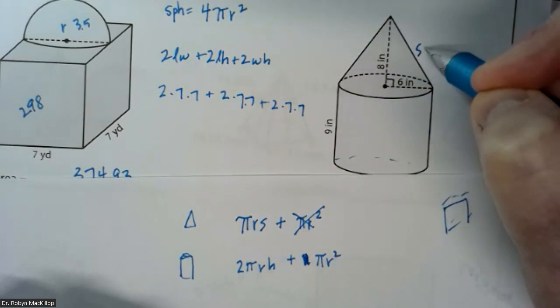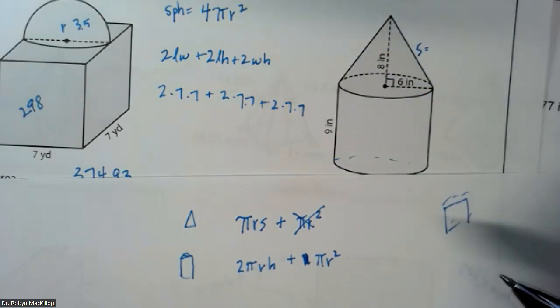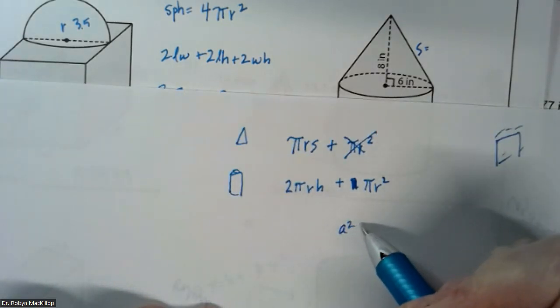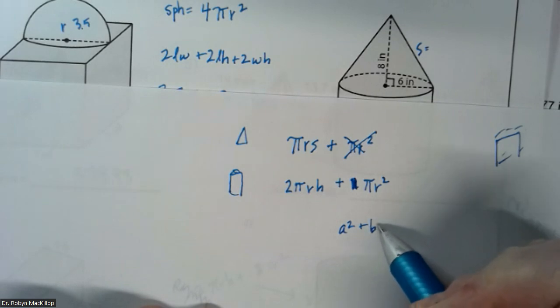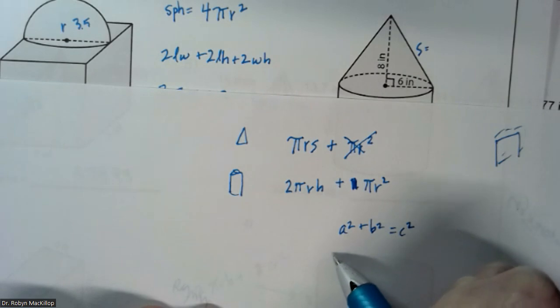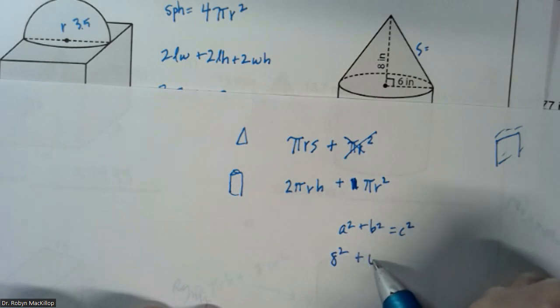So we're going to do Pythagorean theorem. A squared plus B squared equals C squared. We're looking for C squared. We've got 8 squared plus 6 squared equals C squared.